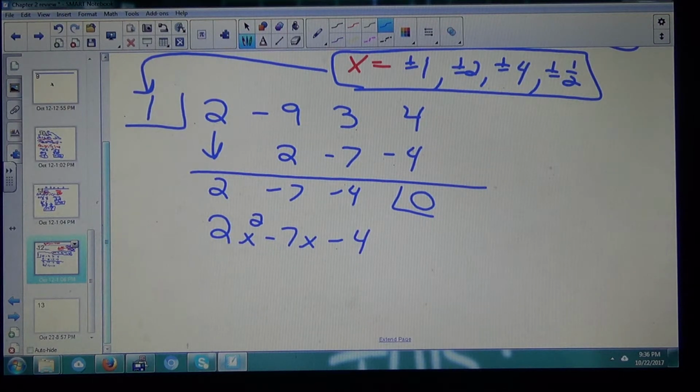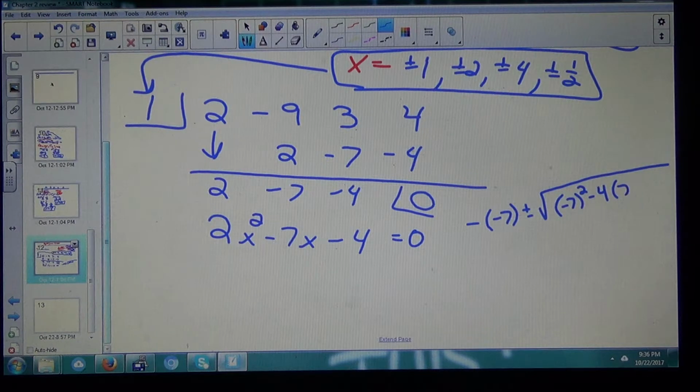Let's say I don't want to do factoring here. Let's say I'm not sure if it actually does factor. So let's say I want to do the quadratic formula. Let's do that right now. So x equals negative b, so negative 7, plus or minus the square root of b squared. Now you have to put this in parentheses. Minus 4ac, all over 2a.